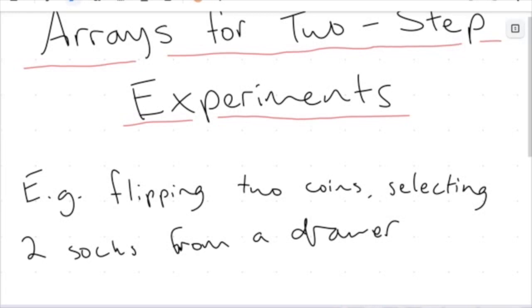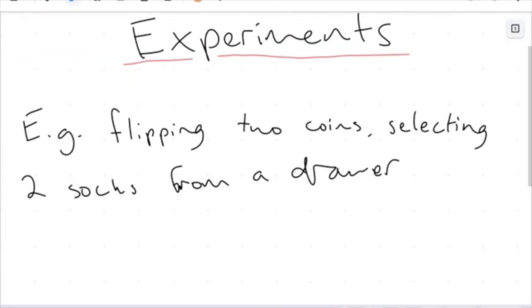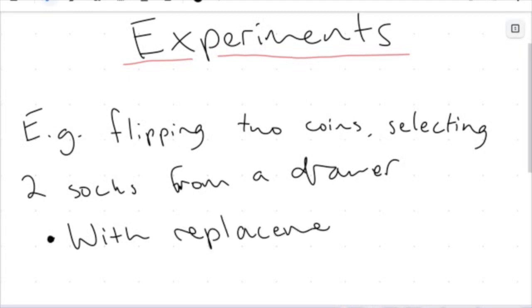Now, there are two particular examples of these experiments, or two possible ways the experiments are conducted. So one is going to be with what we call with replacement. So that is hopefully something self-explanatory, but let's go into it for a second.